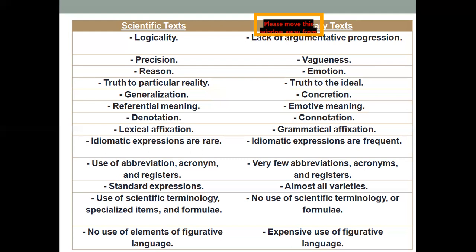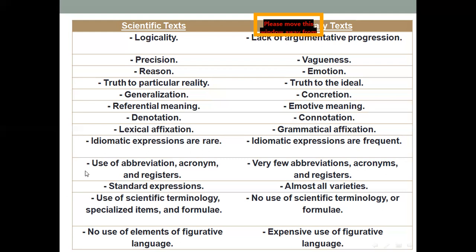Regarding figurative language, scientific text usually lacks the use of figures of speech, while in literary texts we have so many figures of speech, such as alliteration, assonance, simile, metaphor, and so on and so forth.